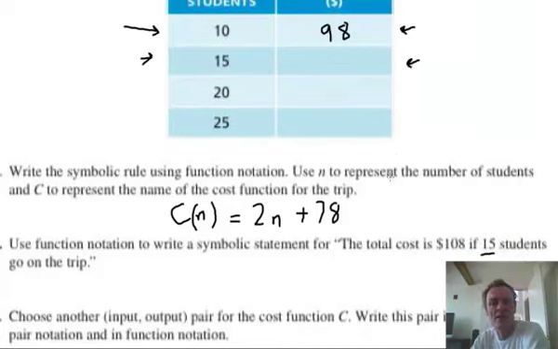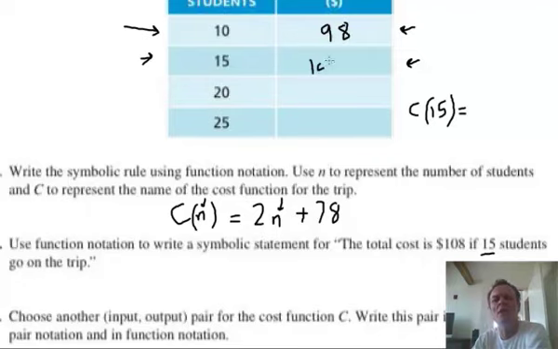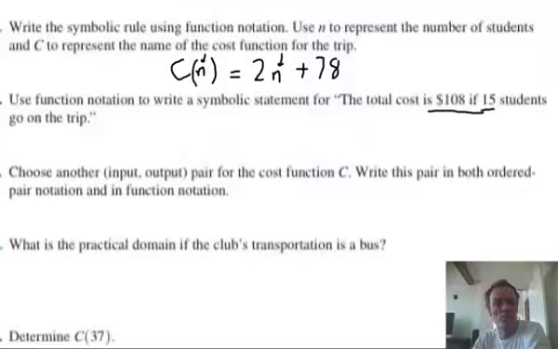What's c of 15? What's the cost for 15 students? So I put it right here, because I've replaced that with 15, same letter. 2 times 15 is 30, plus 78 is 108, which is exactly what this is saying. So it was 108 for 15 students.